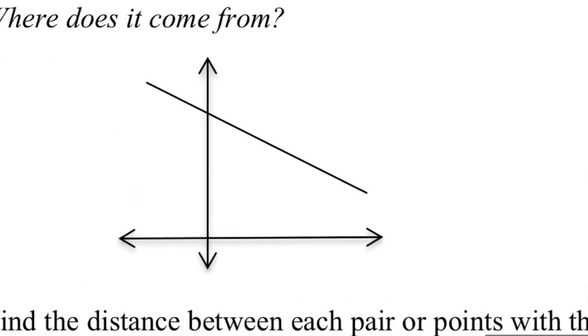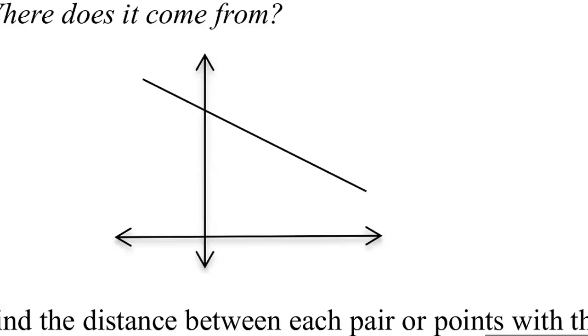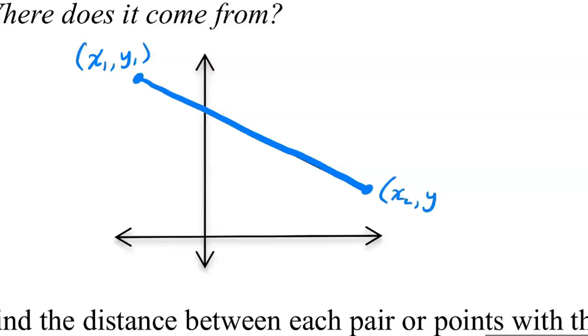Well, let's say we have a coordinate plane. We have a line. We'll do this blue line through the coordinate plane. And the endpoints of that line will be x1, y1, and the other endpoint is x2, y2.